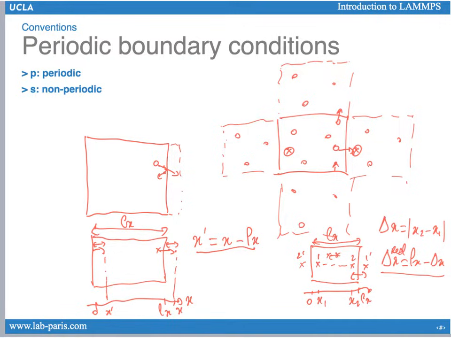And you should always take the smallest possible distance. The smallest distance is always the real distance between each pair of atoms, because the closer the atoms are to each other, the higher will be their interaction energy. So this is the distance that should be taken into account.